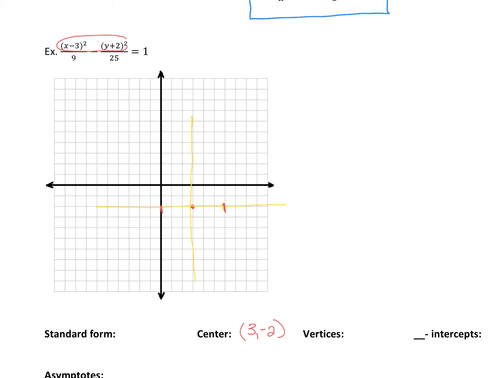And then in the y direction, I'll go 5 here. And I'll draw my magic box. Once I have my magic box, I will draw in my asymptotes that go through the corners and the center.